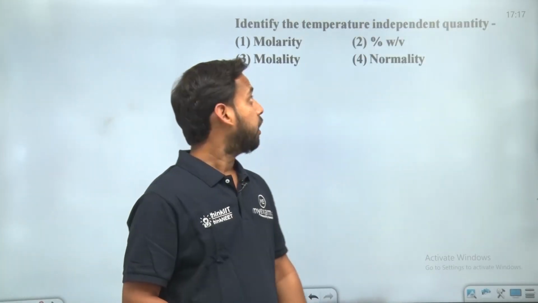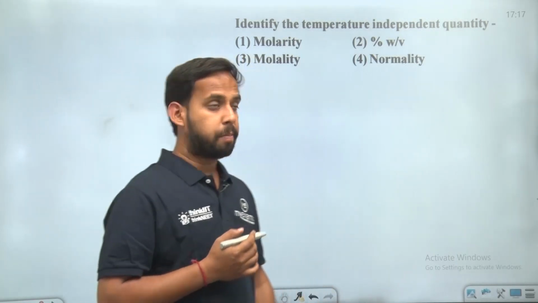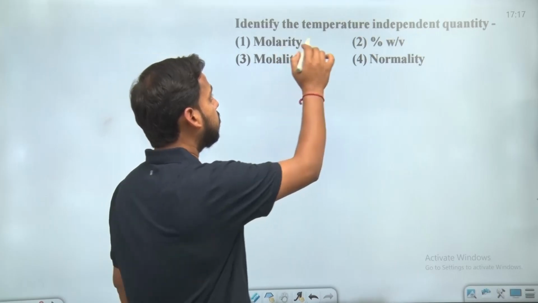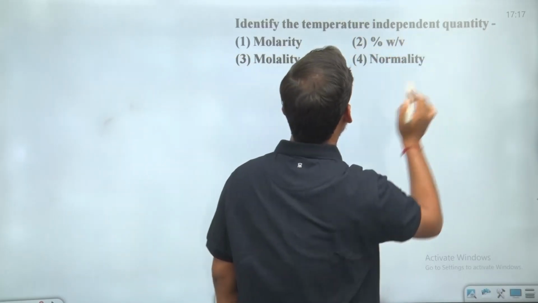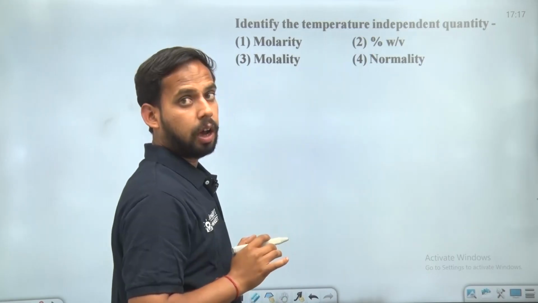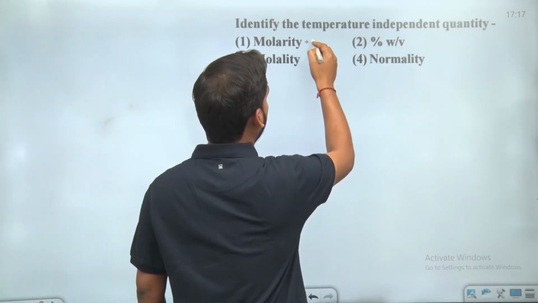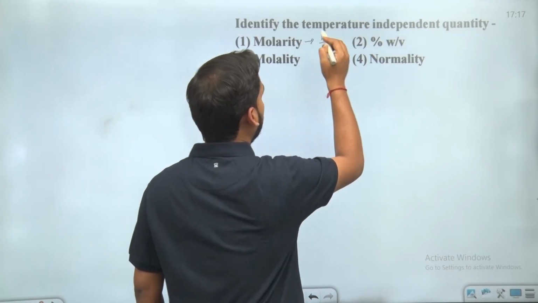Next question: identify the temperature independent quantity. The quantities which depend on temperature are linked with the volume. If we see the first term, molarity is number of moles divided by volume.